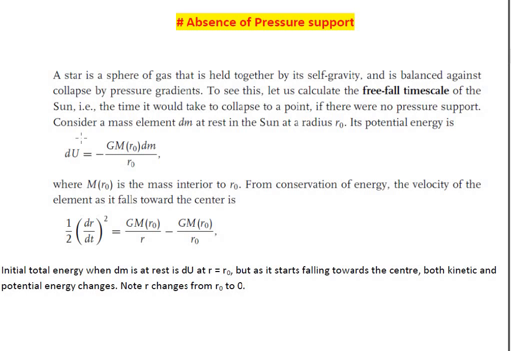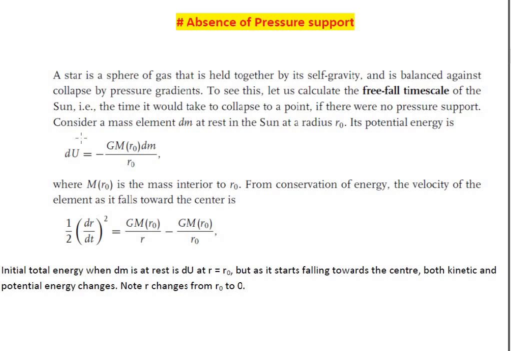Okay, now since I am going to talk about the absence of pressure support, we are going to calculate the free fall time scale of the sun, our nearest star. Basically, the time that it would take to collapse to a point. Why? Come on, I am talking about no pressure support. So if there is no pressure support, who is going to go against gravity?